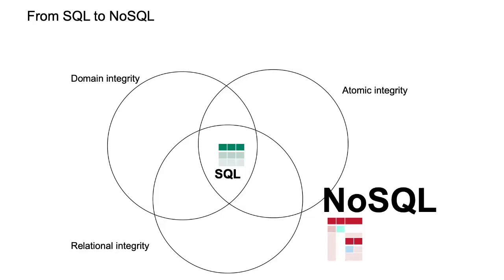We'll define types during the semester, but all integers in a column, all dates in another column, and so on. And then the atomic integrity means that you cannot have a table in a table in a table in a table. You cannot have objects, arrays, and so on inside. And when you have these three rules combined, that's the beautiful world of good old SQL. And if you drop these rules, you get NoSQL, which we will do during this semester.